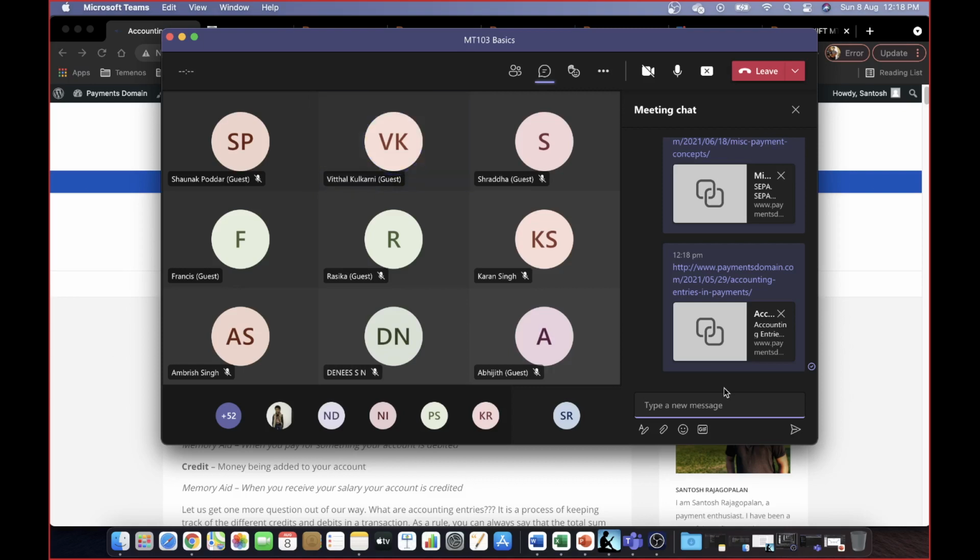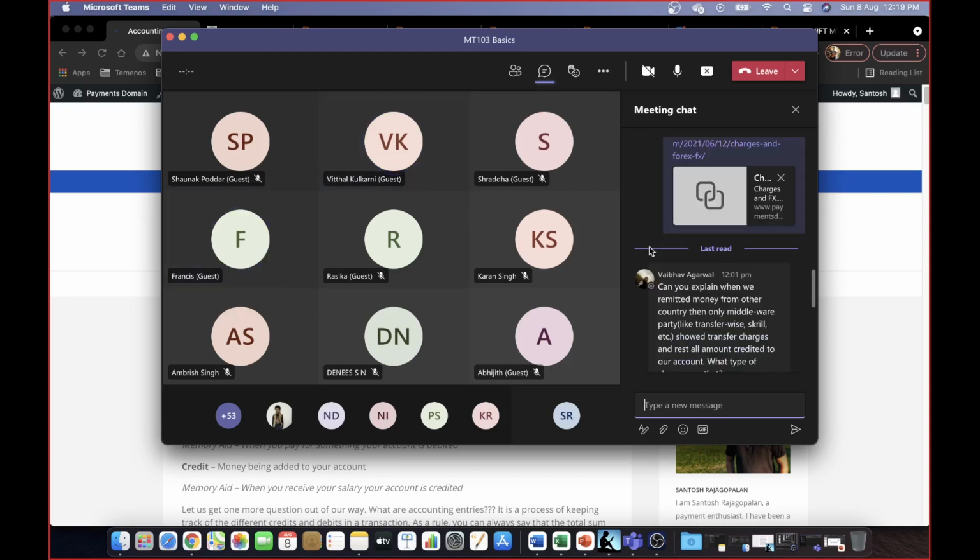Hi Santosh, where exactly are you giving these links? I'm posting it in the Teams chat. Can you see it? I can't for some reason. I'm facing difficulty in seeing the chats. Are you connecting from mobile? No, I'm connected from my laptop.